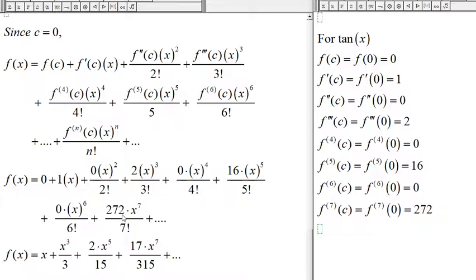And then 272, and 7 factorial is 5040. And so 272 over 5040 is 17 over 315. And so these are the first 4 terms of the Taylor series expansion for tangent of x.